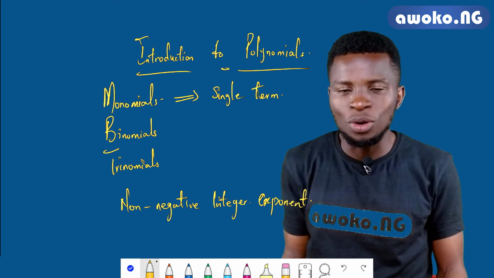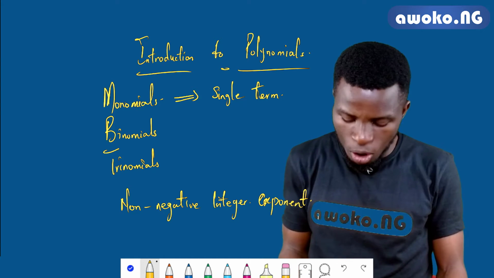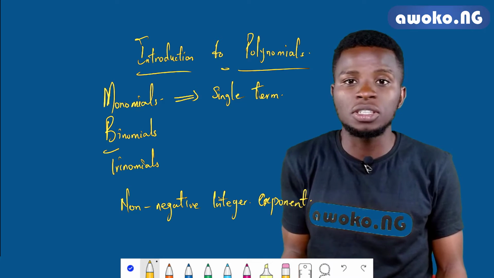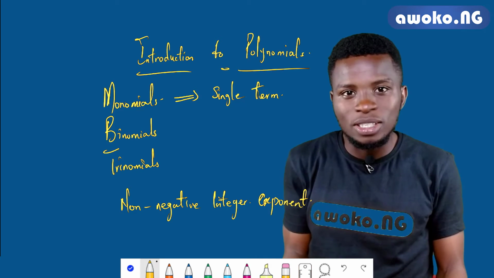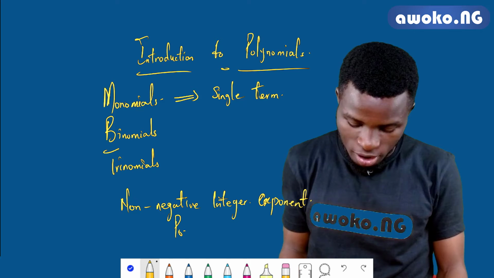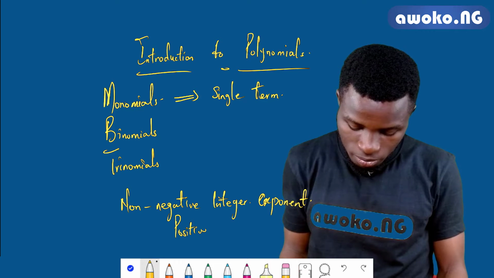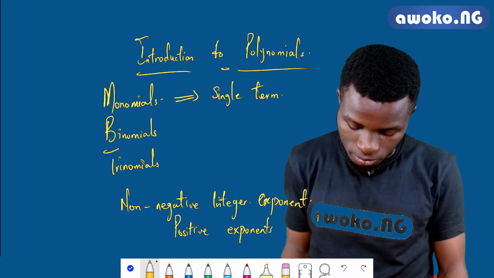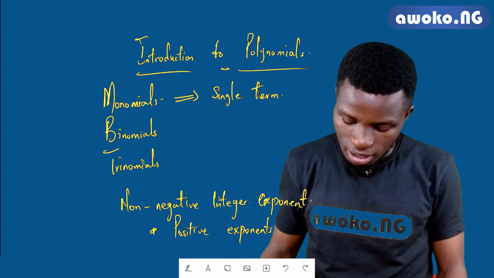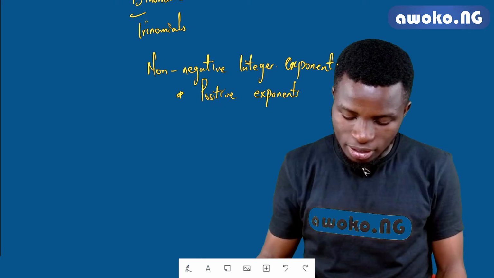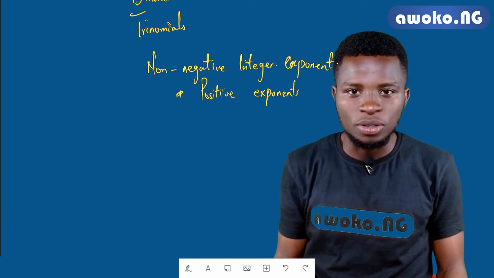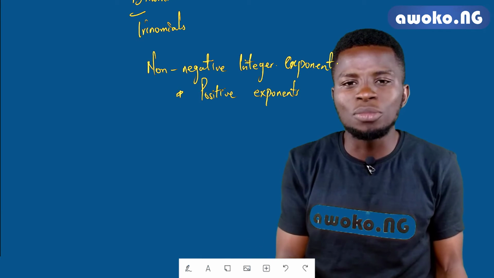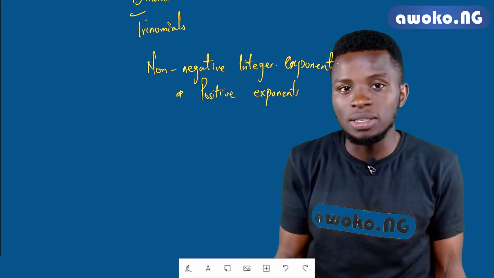Is that understood? So, the implication of a non-negative integer exponent is the positive exponent. Having said that, let us consider some examples of monomials. How can we identify a monomial when we see one?